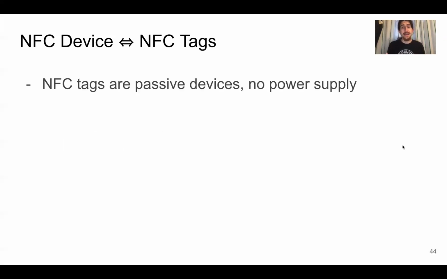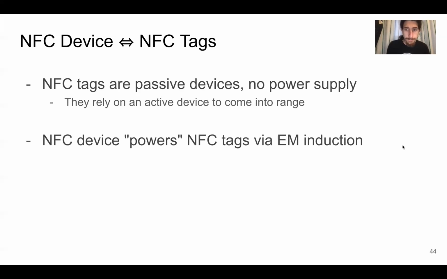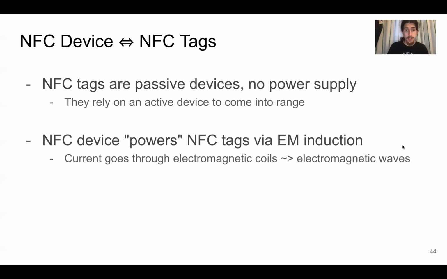Okay. So in terms of the first mode, this is device-to-tag kind of communication. As I mentioned, NFC tags are passive devices. There is no power supply. And the idea is that they rely on the active device to come into range to actually do something useful. So the cool magic stuff is that the NFC device powers up the NFC tag via electromagnetic induction. So the idea is that there are some kind of coils in the device and in the tag, and the powered device, the active device, somehow has some current going through the coil.